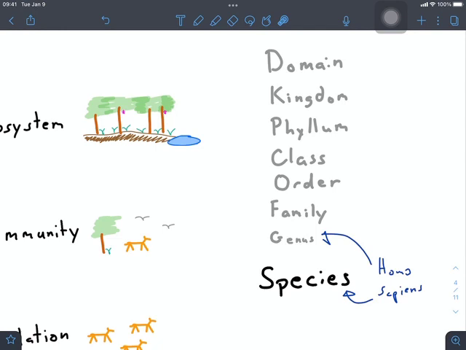For example, another organism within our family, as well as our same genus, would be Homo neanderthalensis, Neanderthals. They are similar to us, Homo sapiens, and we could even produce offspring with them, thereby really blurring the line of what truly is a biological species, but we had enough differences anatomically, behaviorally, and genetically that Homo sapiens and Homo neanderthalensis are two different species that were able to occasionally mate.